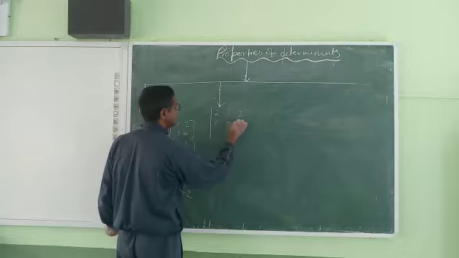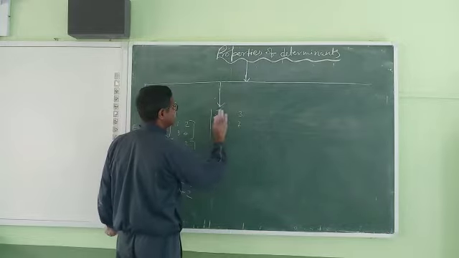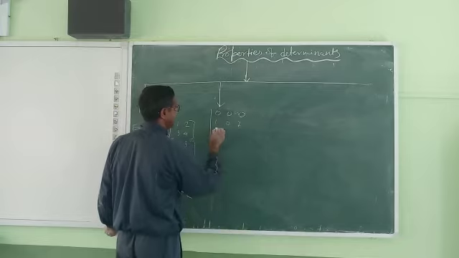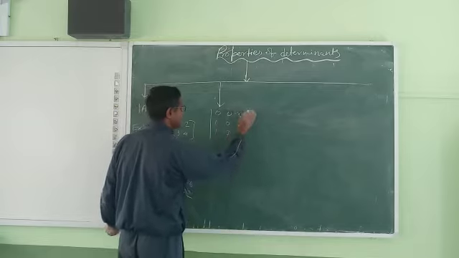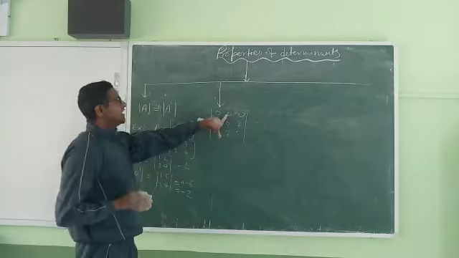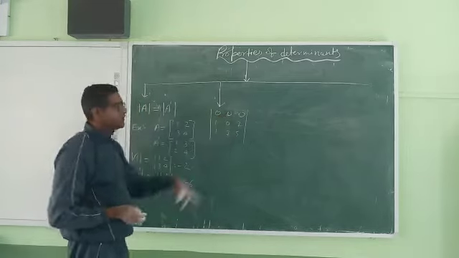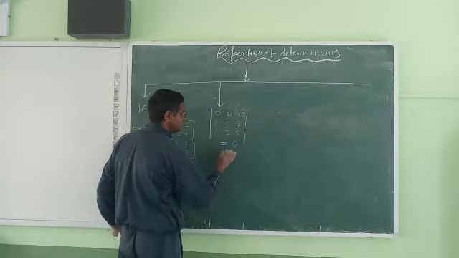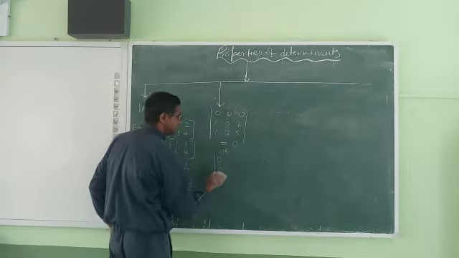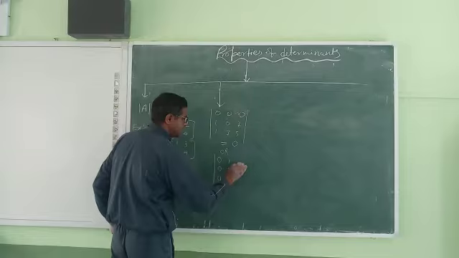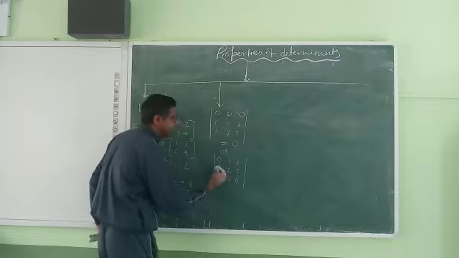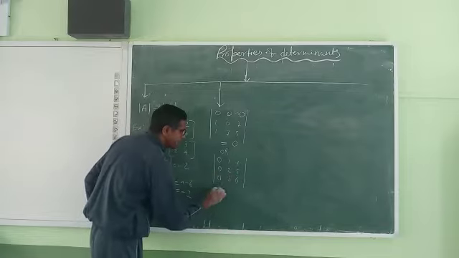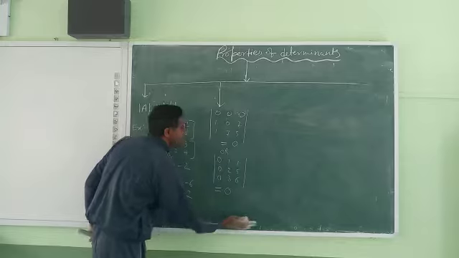Since the elements of the first row are 0, therefore the value of the determinant is 0. In the same way, in respect of the column 1, 5, 6, since the first column is 0, therefore the value of the determinant is 0.